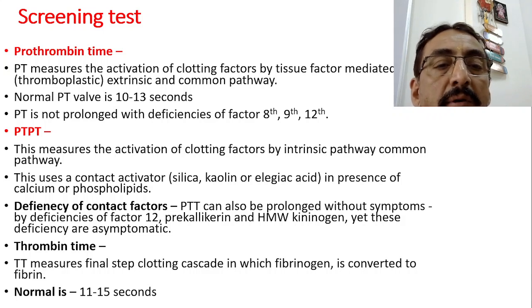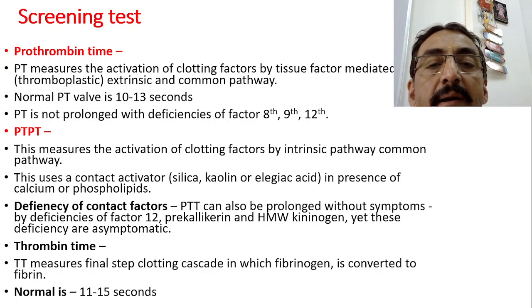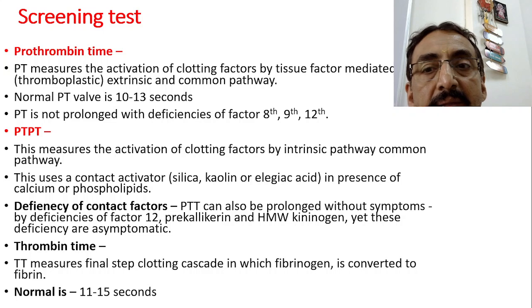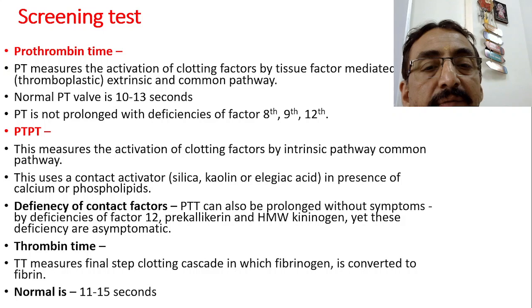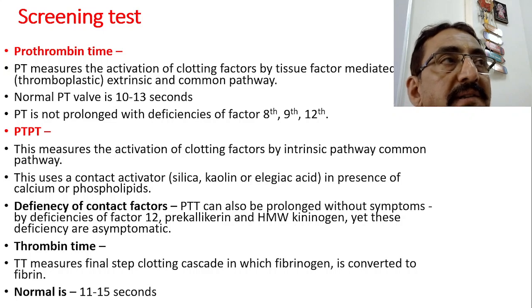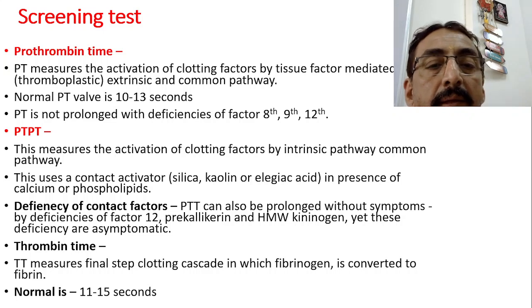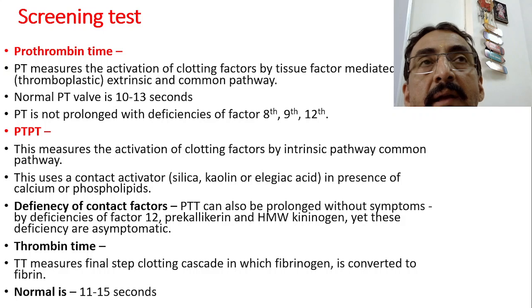This uses a contact activator like silica, kaolin or ellagic acid in the presence of calcium and phospholipids. Now, deficiency of the contact factors: APTT can also be prolonged without symptoms by the deficiency of factor number 12, prekallikrein and HMW kininogen. These deficiencies are asymptomatic.